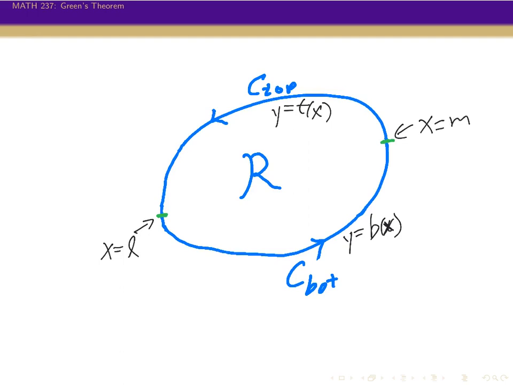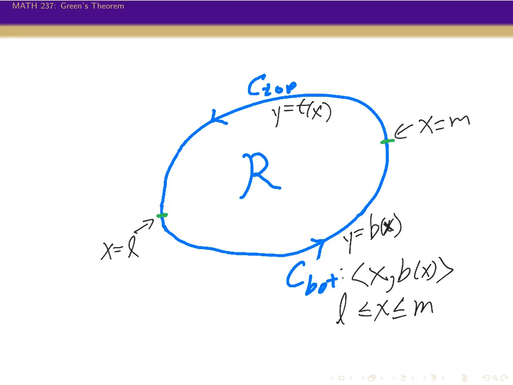Then we can think about the parameterization. Let's start with the bottom curve. Since we have this written as y equal to a function of x, we can parameterize it in terms of x. So the parameterization is going to look like x comma b of x, where our x values start at L and go up to m.